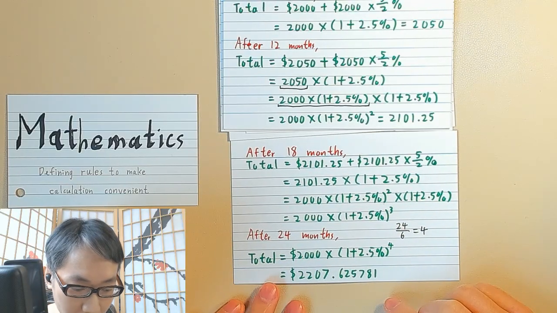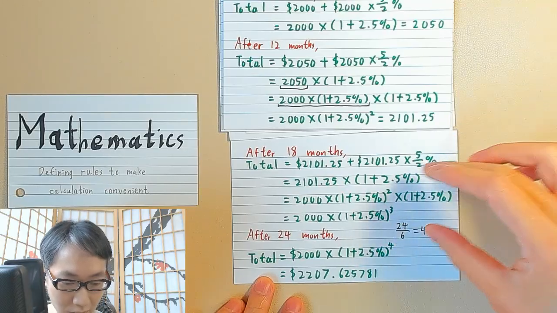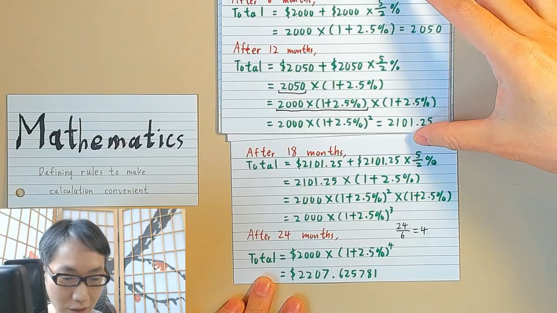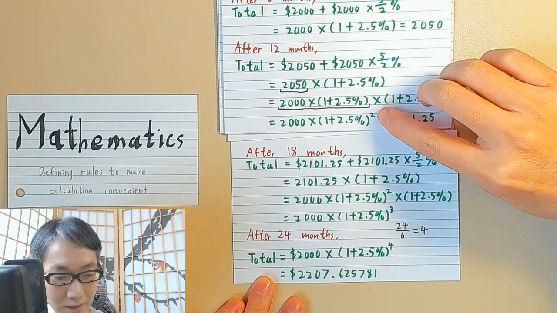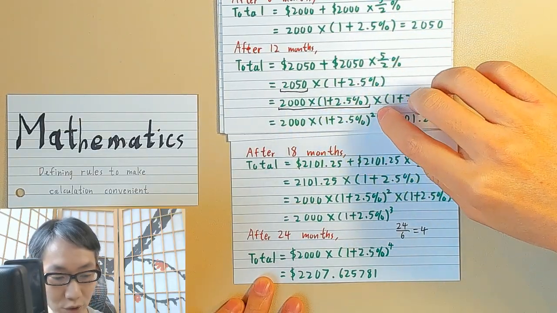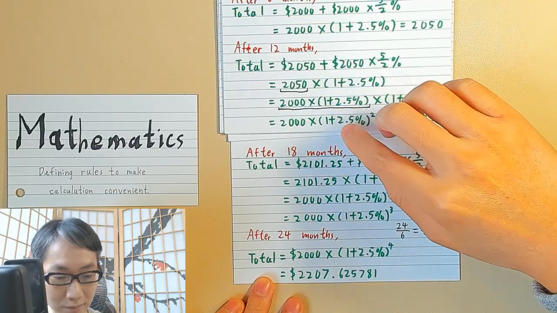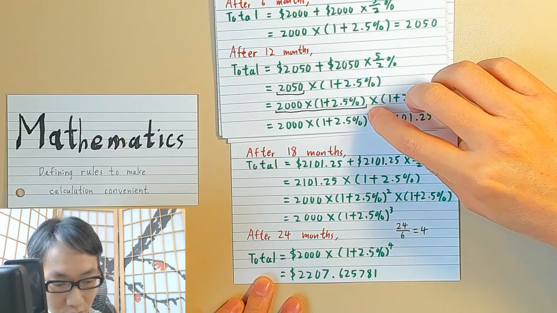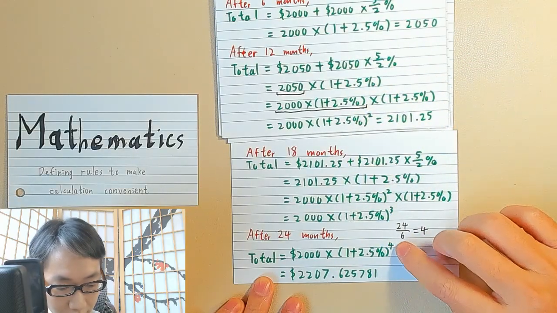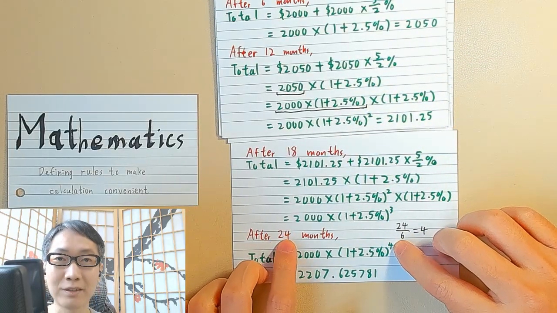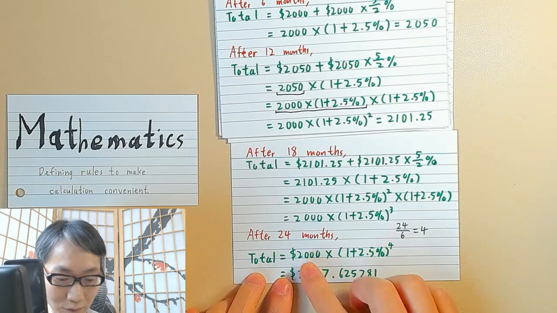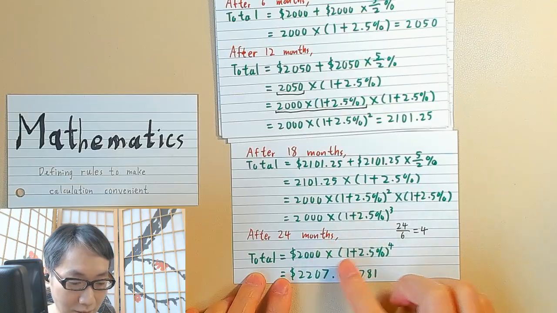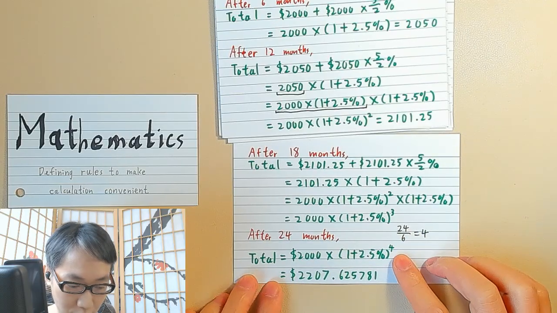In this pattern, we can see that we don't have to do this every time, because every time we calculate once, the index above the bracket will be 1 here, 2 here, 3 here, and 4 here. So after 24 months it is 2000 times 1 plus 2.5% to the power of 4.